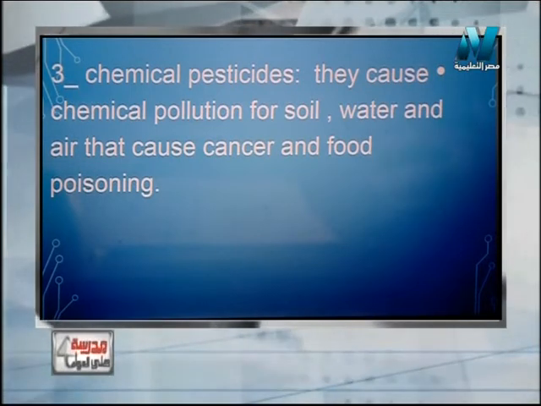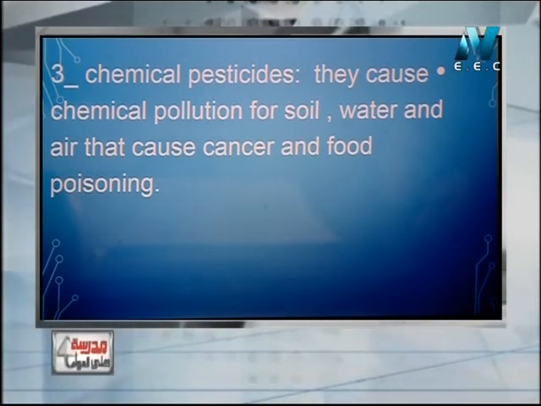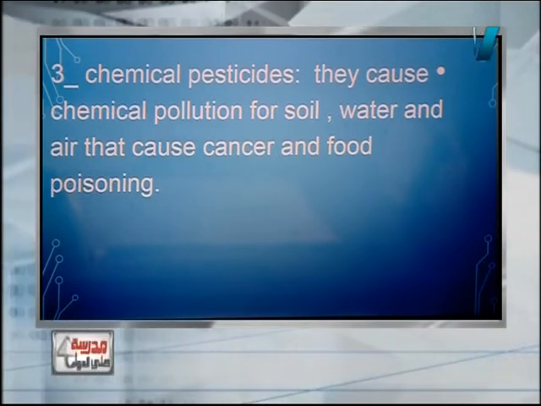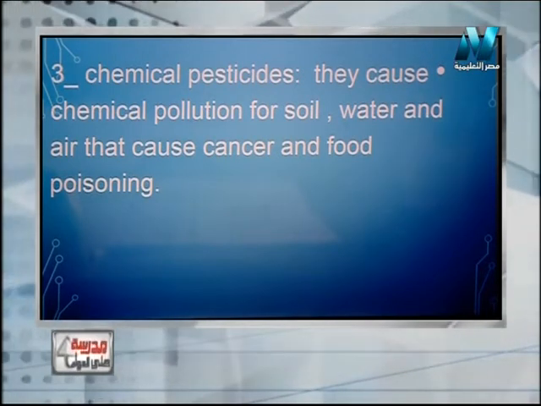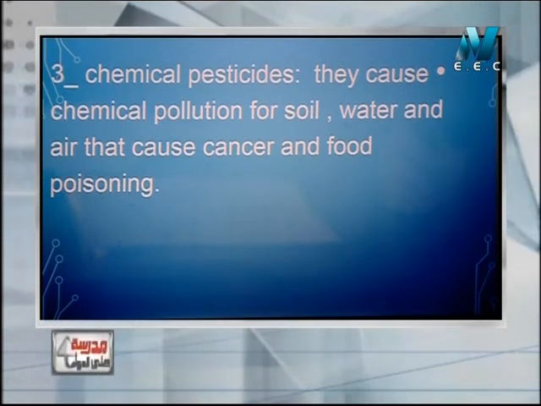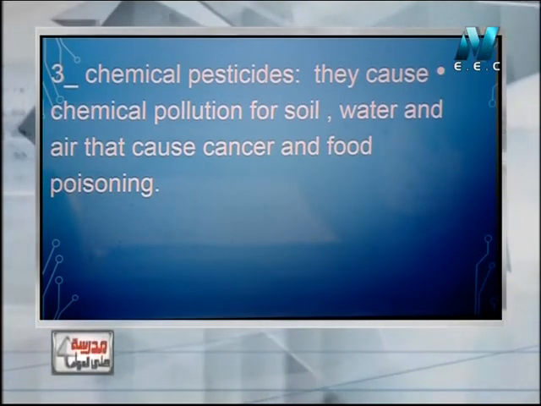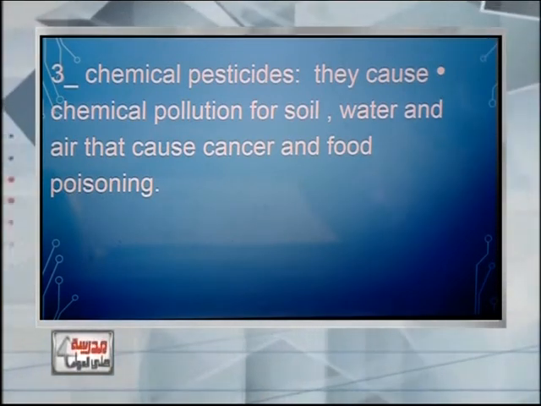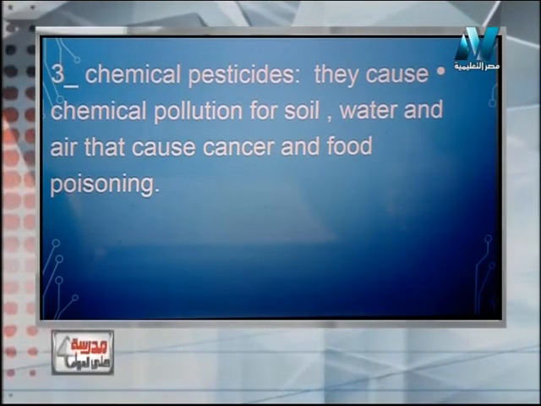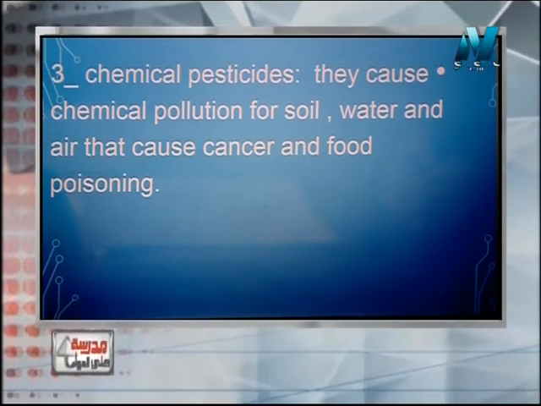Sometimes some people eat some plants, and then they feel some trouble inside their stomach, and they go to the hospital. They have poisons. Why? Because some farmers use pesticides that cause chemical pollution for soil. Okay.